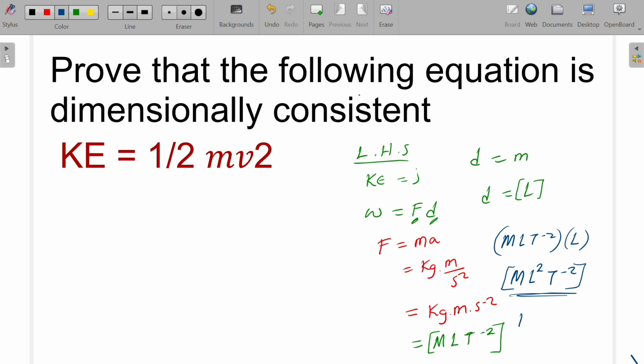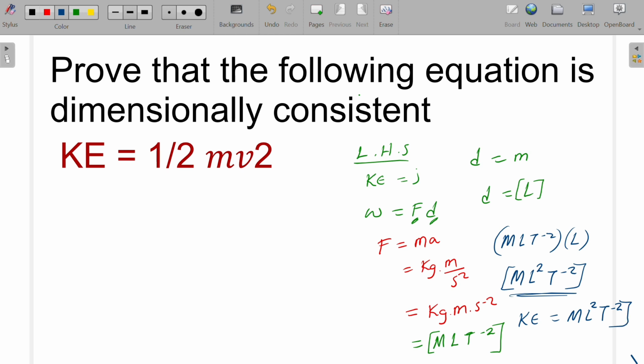So we can write it as kinetic energy is equal to M L to the power of 2, then T to minus 2, like that. Let me just rewrite that. This 2 here is to the power 2, and that is to the power of minus 2.